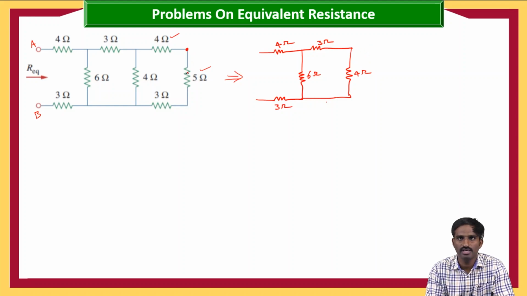Here 4 and 3 are in series. Because these two resistors are between these two terminals, we replace them with one equivalent resistance.